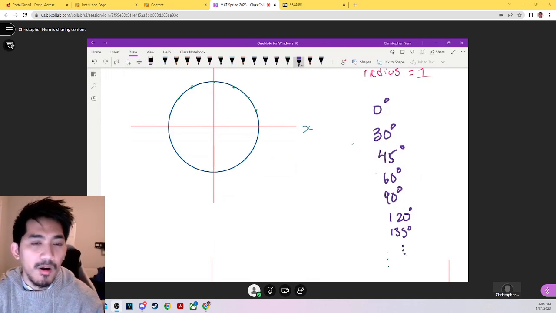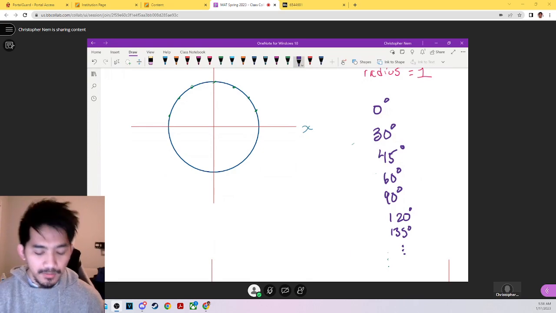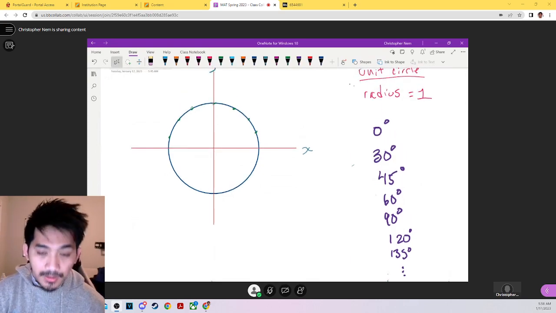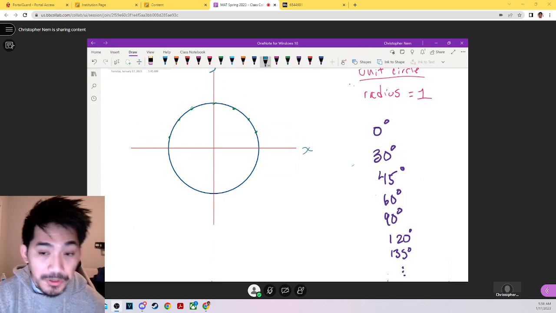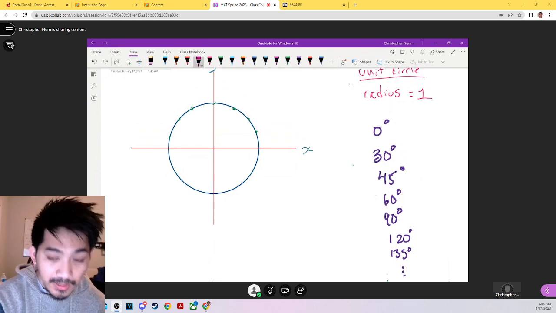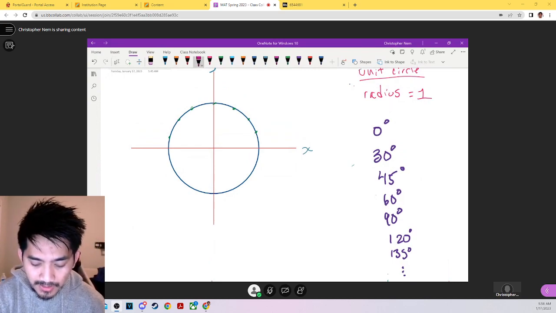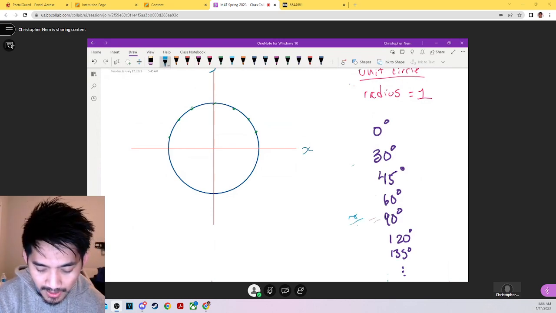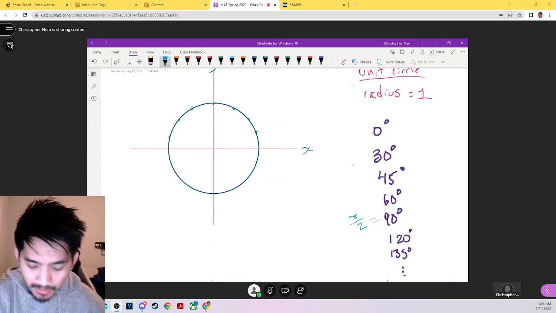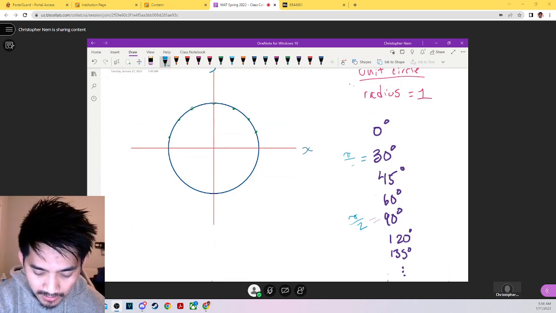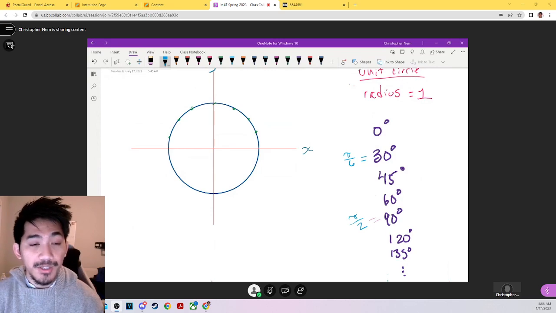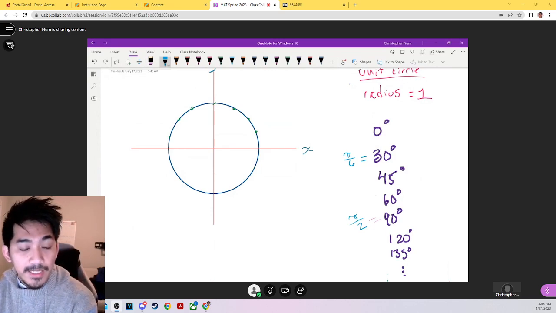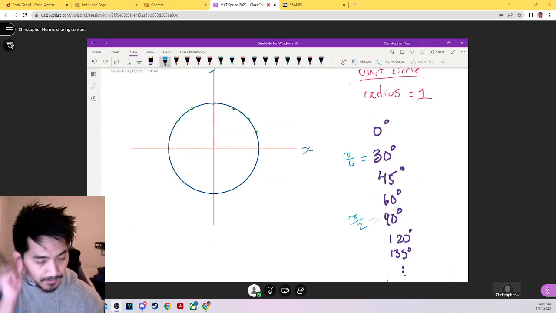We're going to have to cover all these parts of the unit circle. So you need to be aware of how to make the conversions already. Everybody should know how to convert these to radians, because you might see 90 degrees represented as pi over 2. You might see 30 degrees as pi over 6. You need to know how to convert degrees to radians quickly.